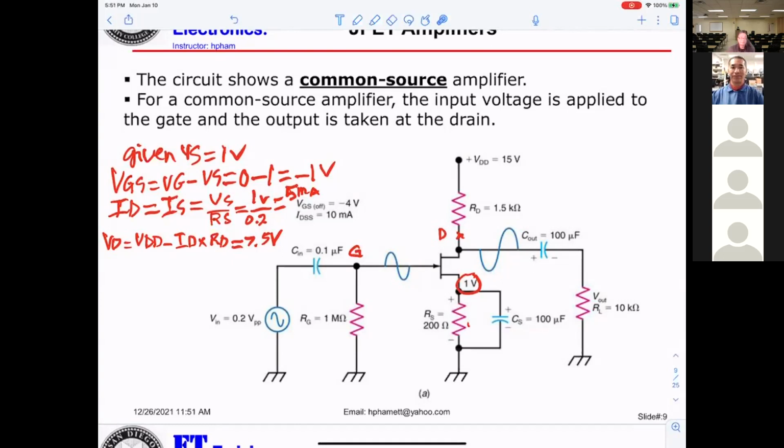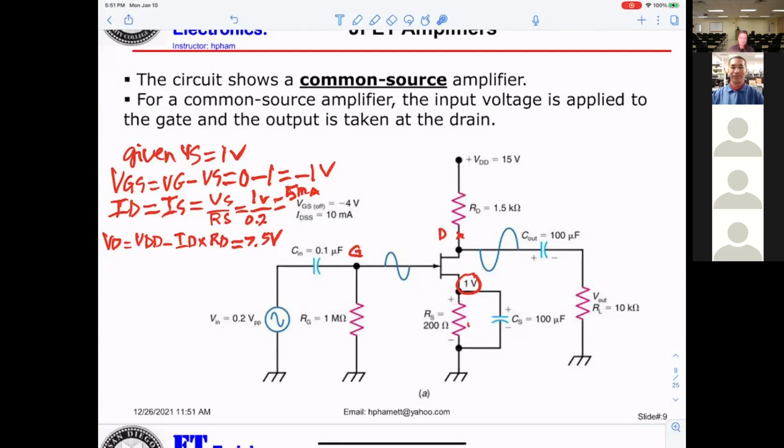The next thing, they can ask you what bias circuitry is used to build this amplifier. You understand the bias types: fixed bias, self bias, and voltage divider bias.